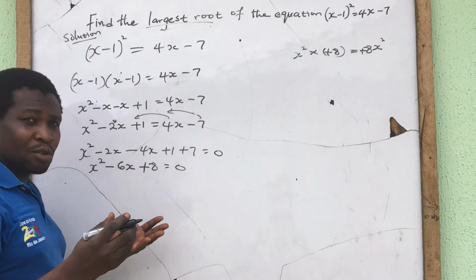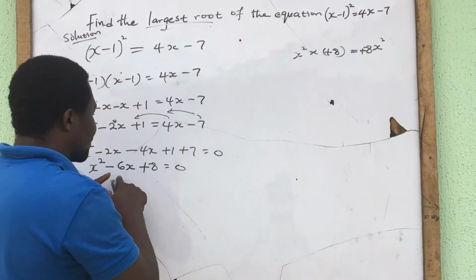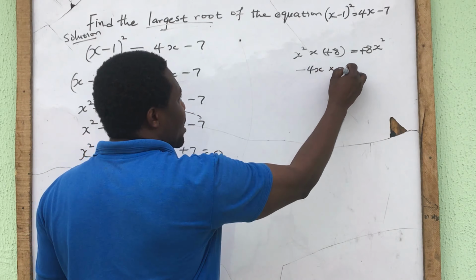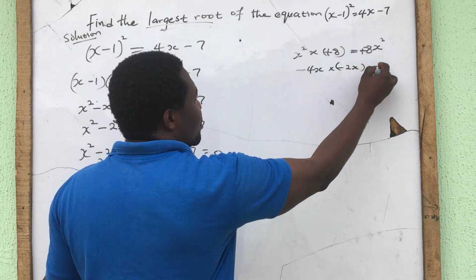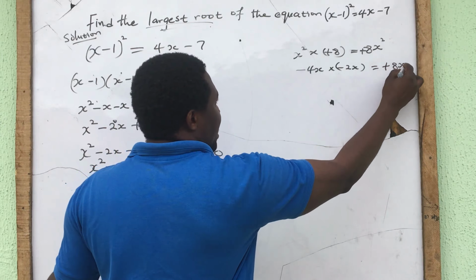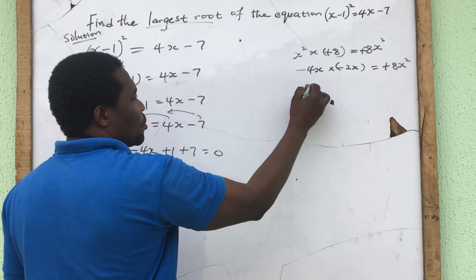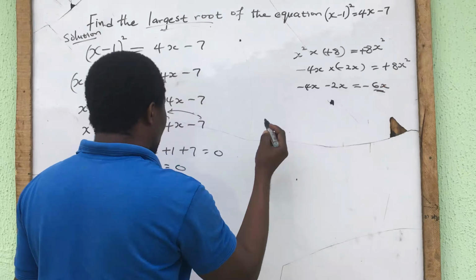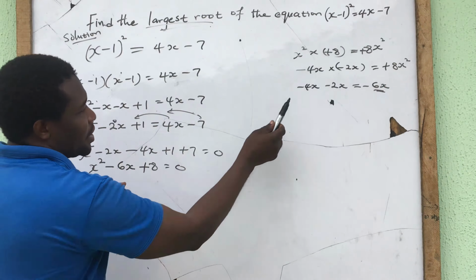So we have minus, minus. So we have minus 4x times minus 2x, which gives us plus 8x squared. Then minus 4x minus 2x gives us minus 6x.